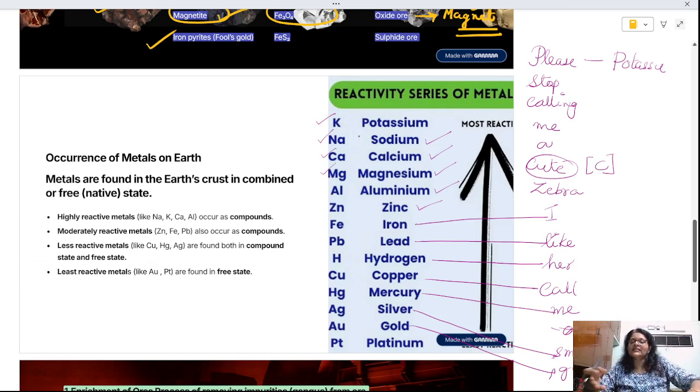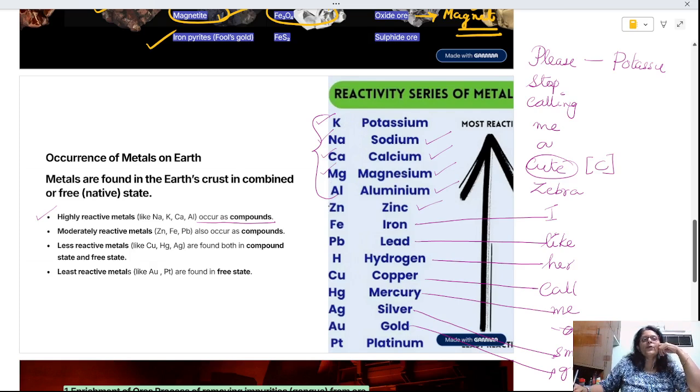They are very reactive, so obviously they will occur in compounds. They won't be found in the free state. That is, potassium we will not be finding in the free state unless we store it in kerosene. So the first five we can call highly reactive metals, and all of them will be seen only in their compounds.